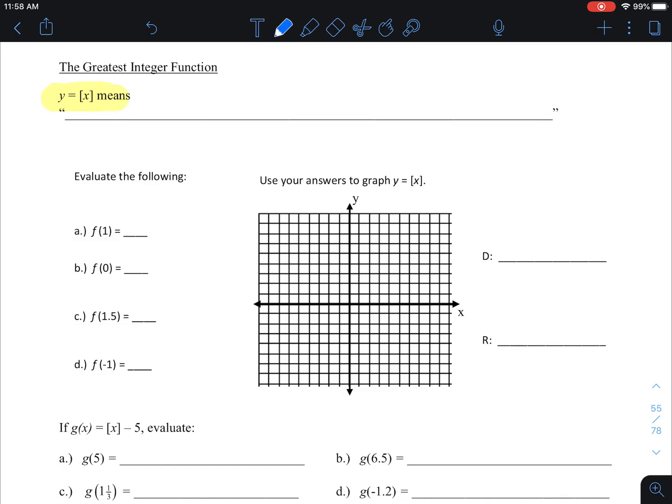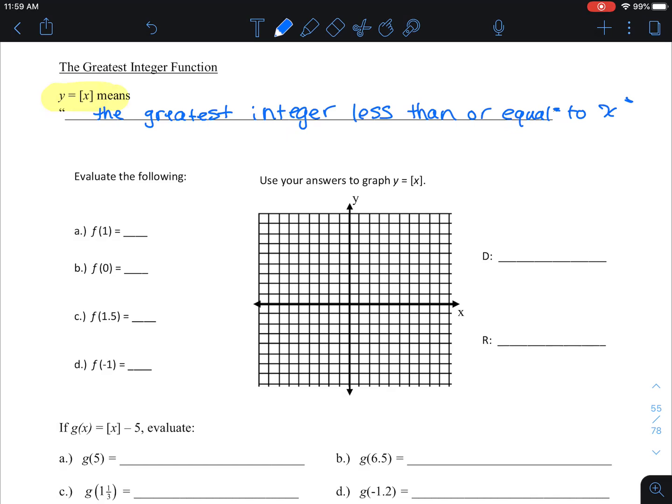So what this is telling us is that we're looking for the greatest integer that is less than or equal to x. So what it does is it takes in any input and will give you back an integer output depending on the integer that is the closest to x that is less than it.